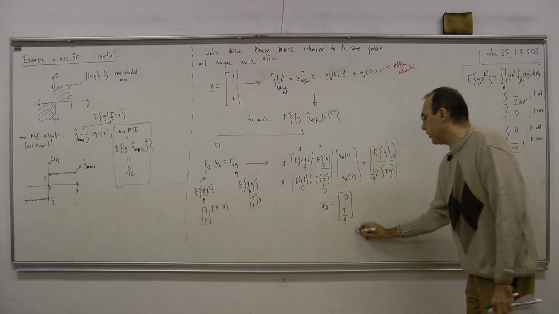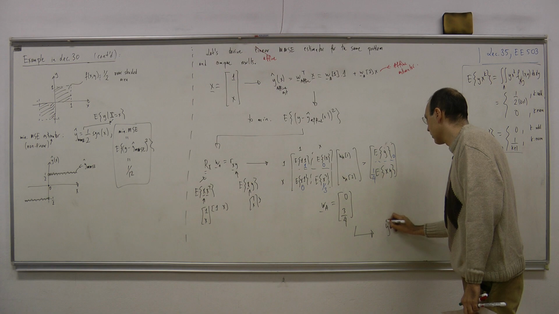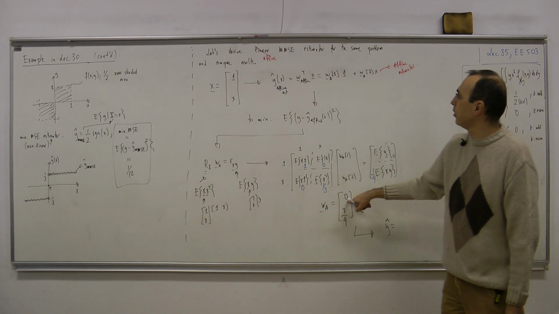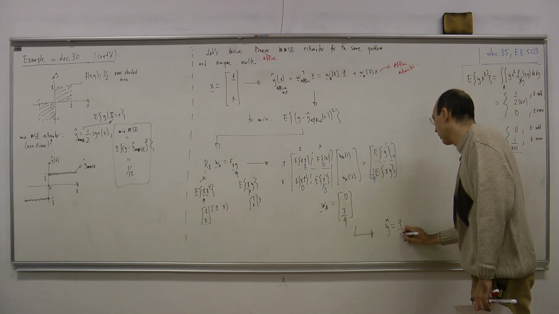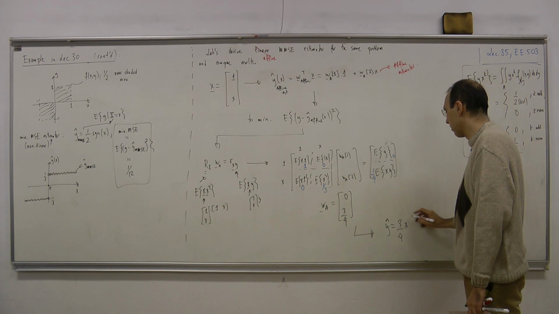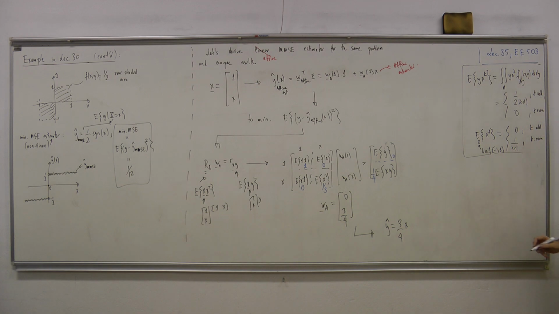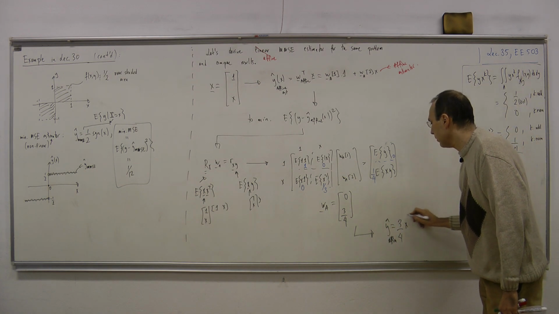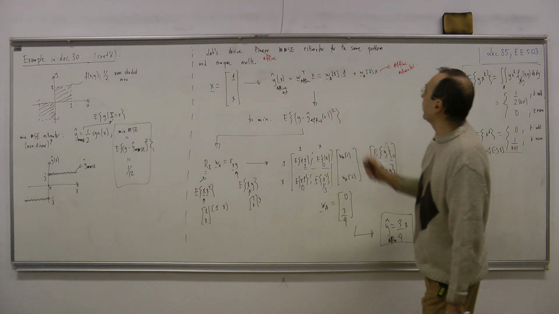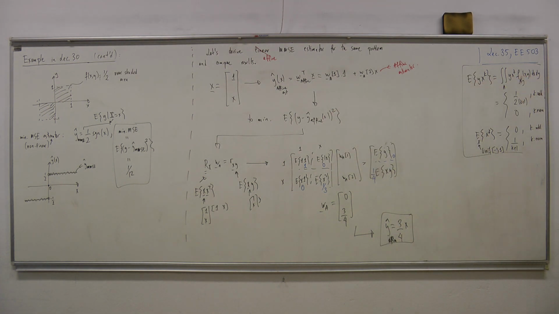Then my affine estimator is 0 times 1 plus 3 over 4 times x. But remember, this is an affine estimator. So I have allowed this constant factor, but the coefficient of this constant factor turned out to be 0.